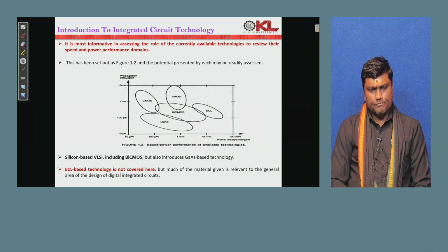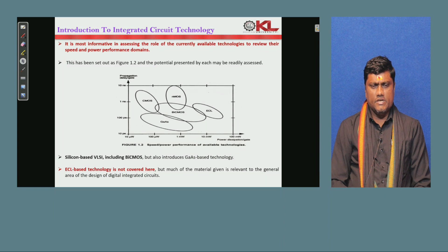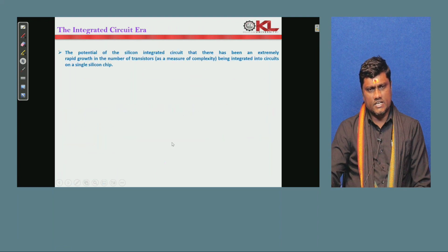Here silicon based VLSI is included along with BiCMOS, and it also introduces gallium arsenide based technology. ECL based technology is not covered that much, as it is less relevant to the general area of digital integrated circuits.